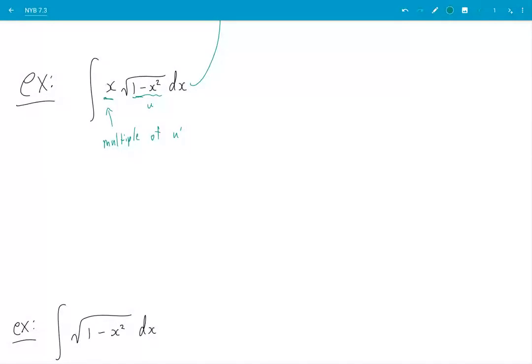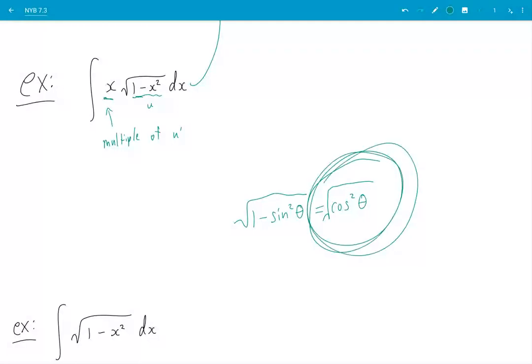I guess the motivation here is to say 1 minus sine squared is equal to cos squared, right? So if I have that under the square root, I can actually make my square root disappear here, right?